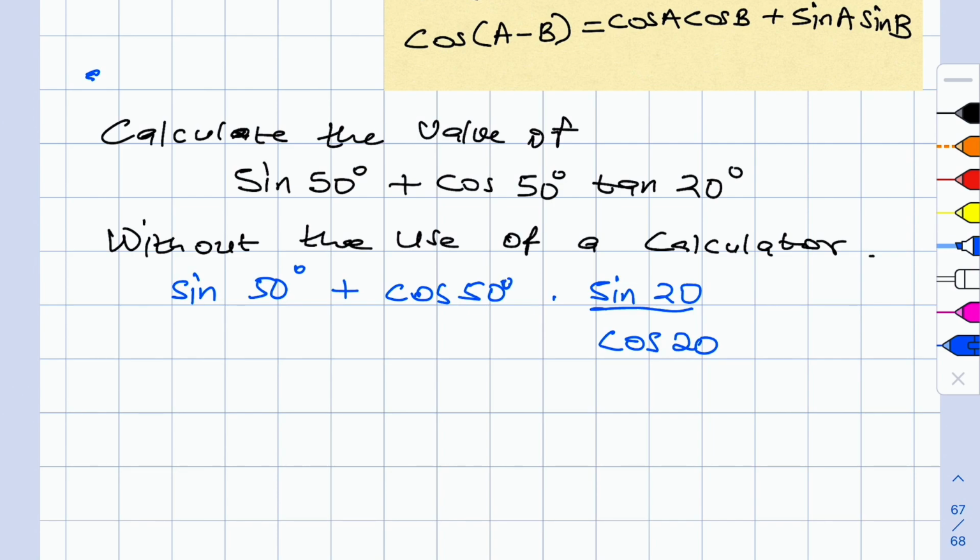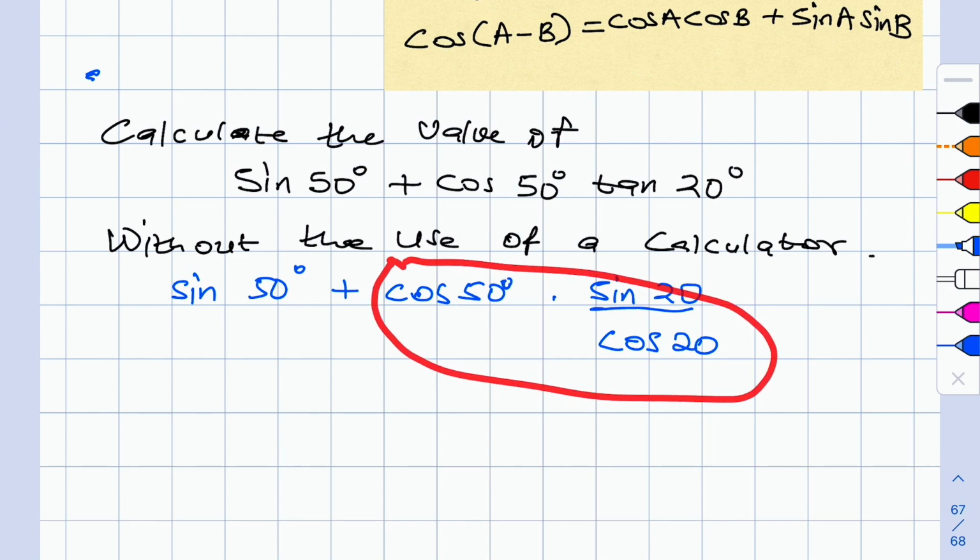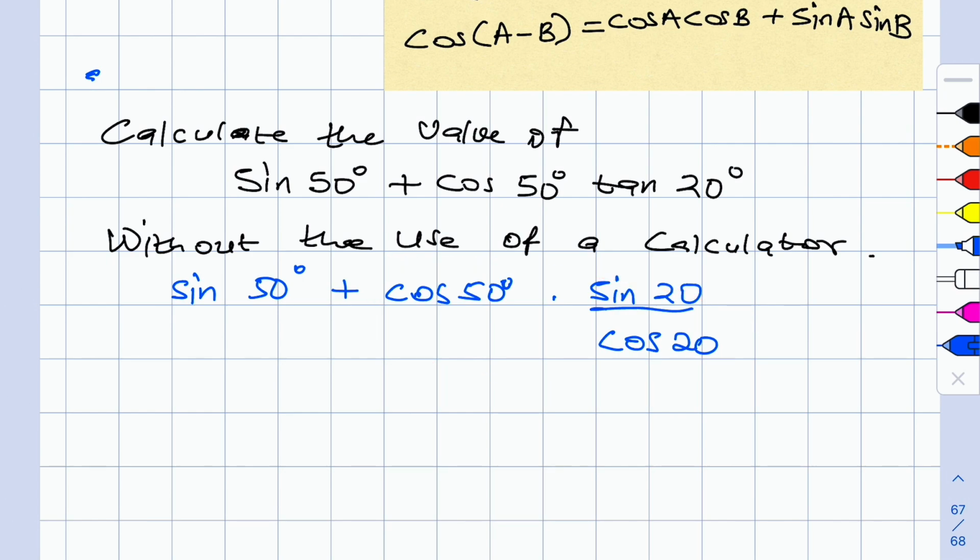Now if you look at this part, this is now a fraction, meaning that sine 50 must also be sine 50 over 1. So between this denominator and that denominator, the lowest common denominator will be cos 20.